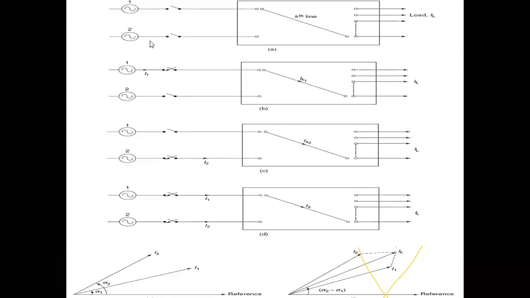By using the superposition theorem. In this figure, we apply only the first source and do not operate the second source. Then the current drawn from source 1 is I1, the current flowing through the kth line is IK1, and the load remains the same.